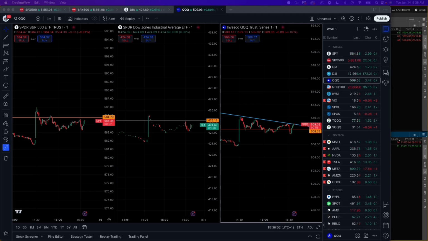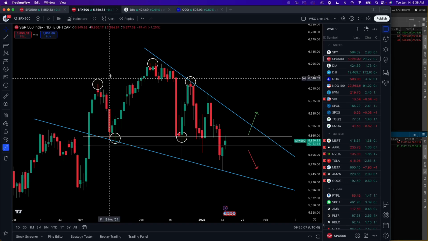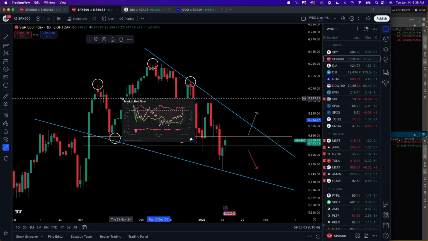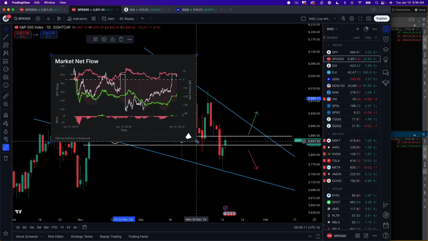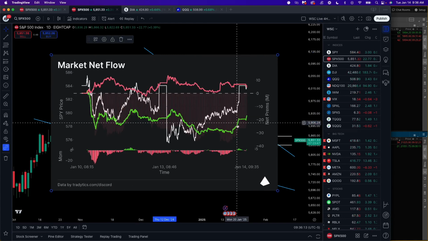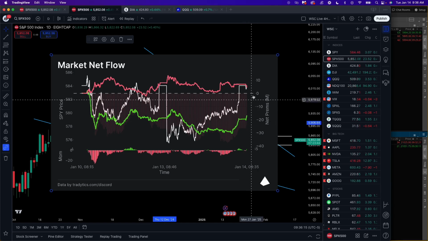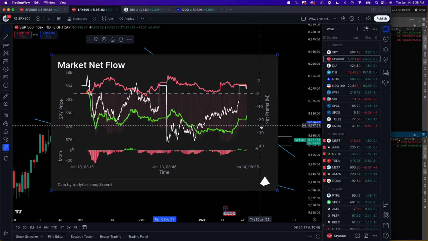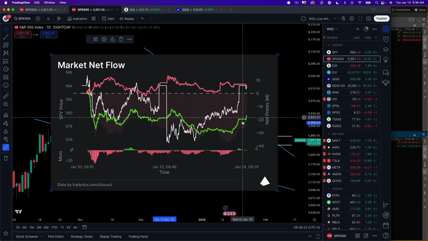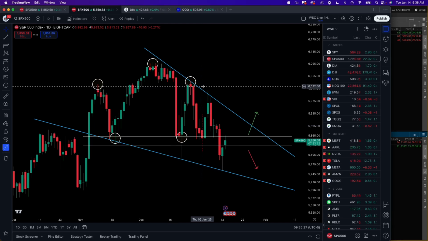The 3-day time frame here remains bearish, despite we are actually seeing some bullish flow coming in, still in the negative zone. So it's not looking like the bulls were buying the dip on Friday and yesterday. And today, at least not yet.